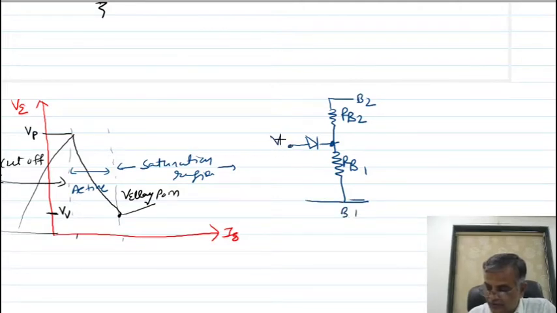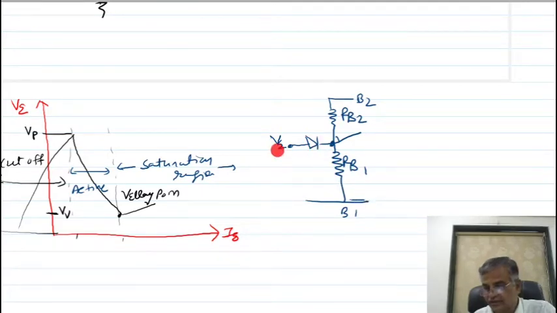When this voltage is more than this voltage, it is at this point. At peak voltage, the emitter voltage is more than this voltage. As a result, the diode starts conducting and it injects holes into this region.